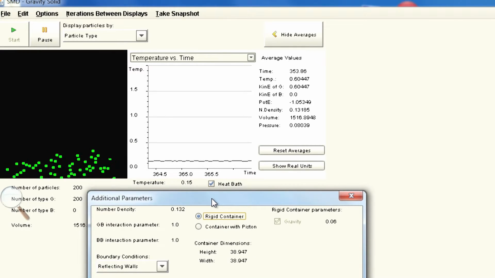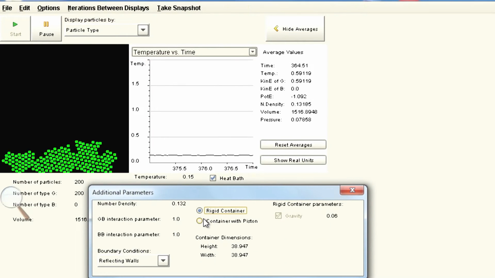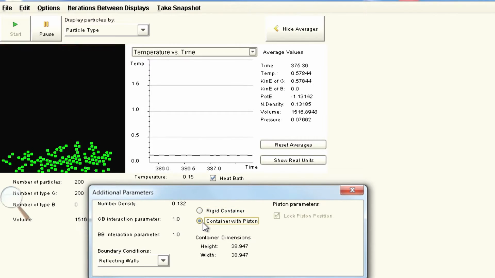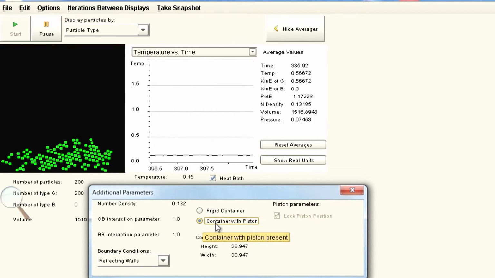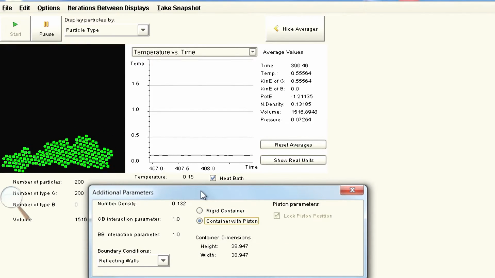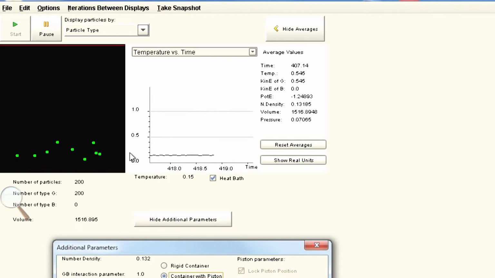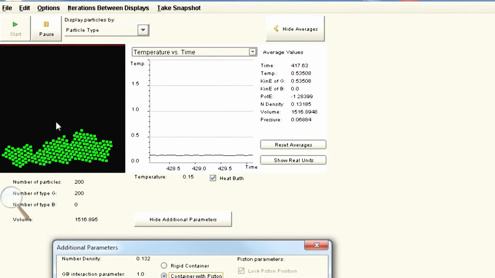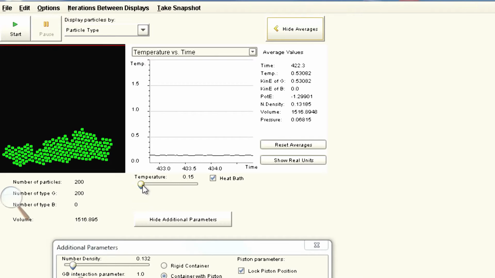And again, you can add a piston here also and see some more pressure, and again look at the phenomena of phase transition. Let me stop here, and now from here let us do another temperature cycle.